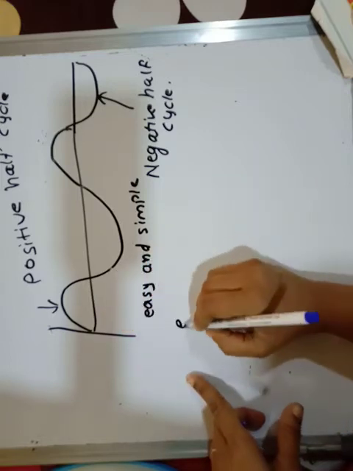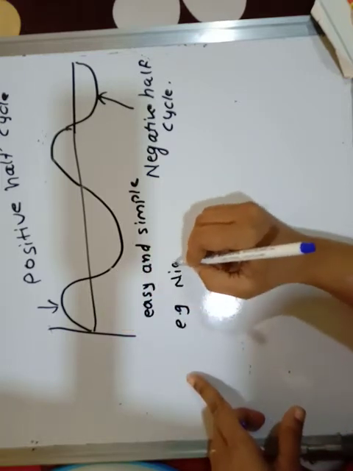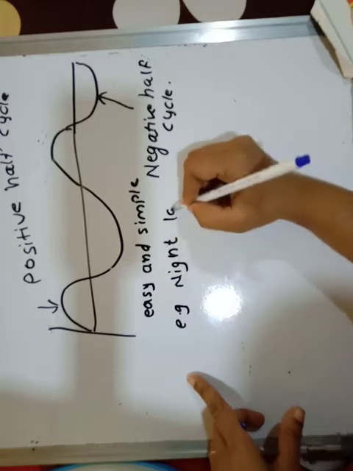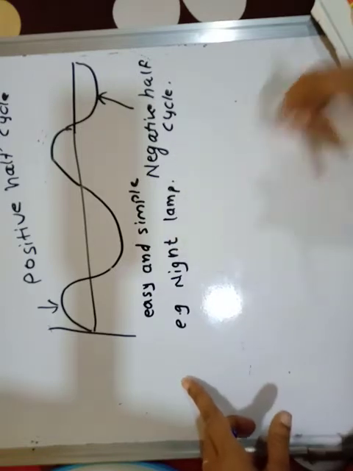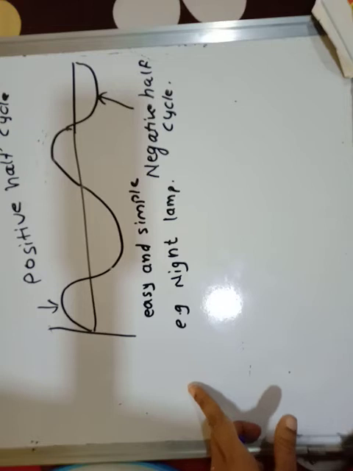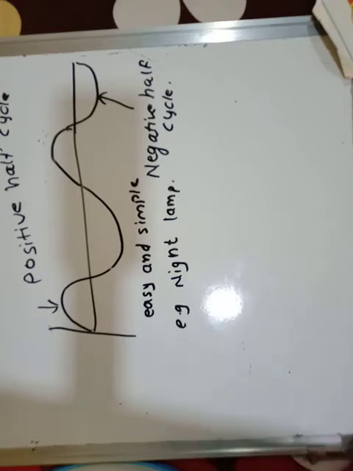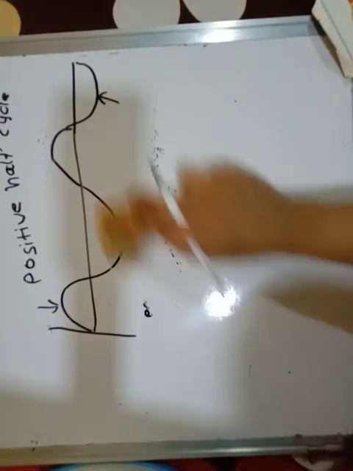For example, in a night lamp we can use the half wave rectifier. So we will see the example and the working of the half wave rectifier.